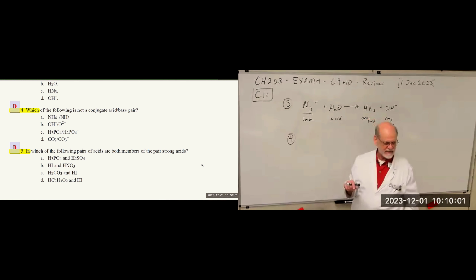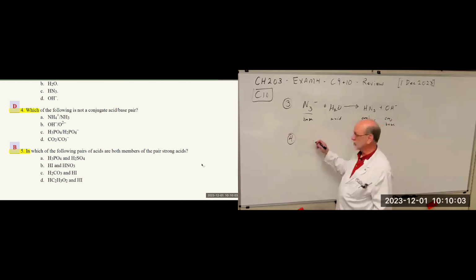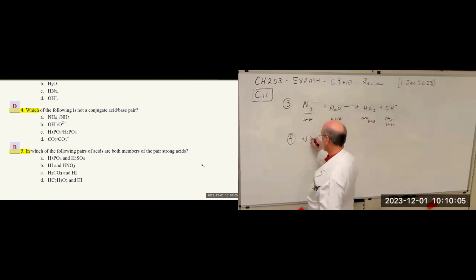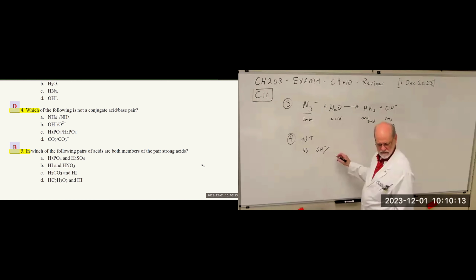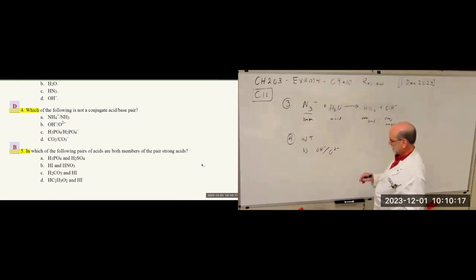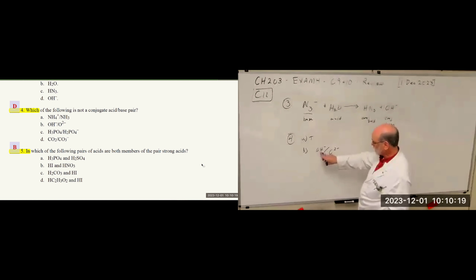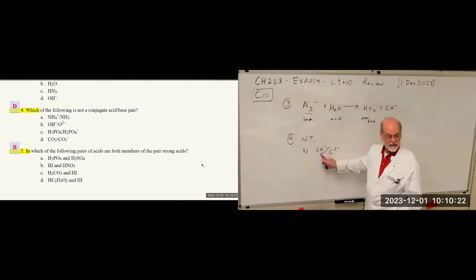Okay, details. A is true. That is an acid-base pair. B, OH minus and O2 minus. Well, if this one loses a proton, it leaves its electron behind, which increases the negative charge. So that one is also true.